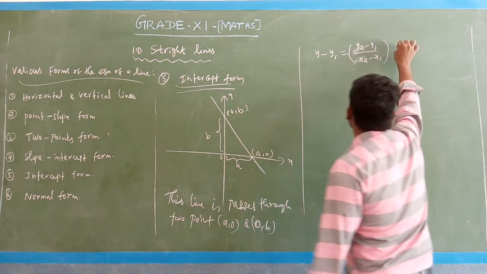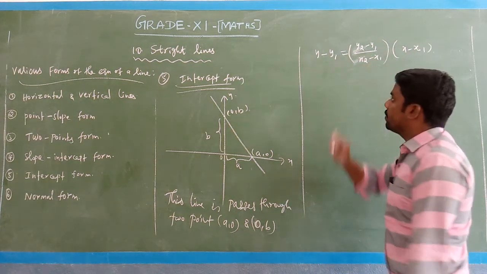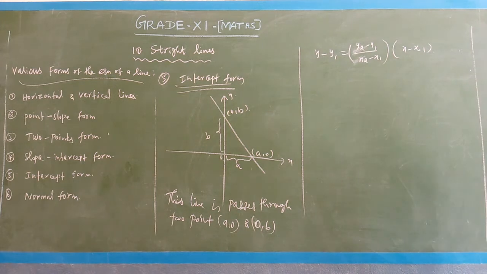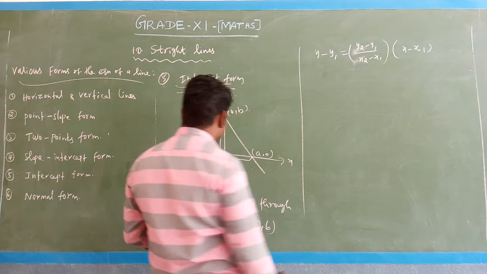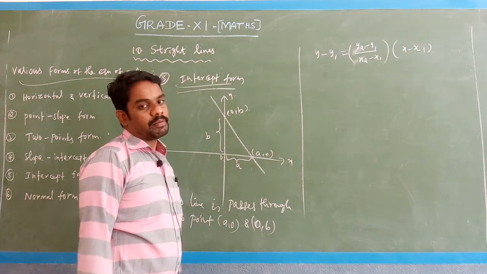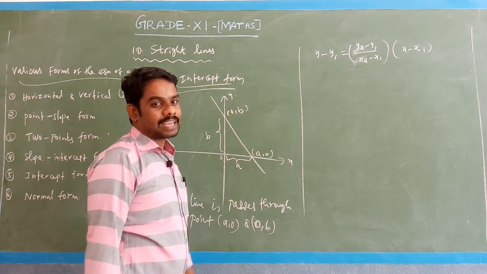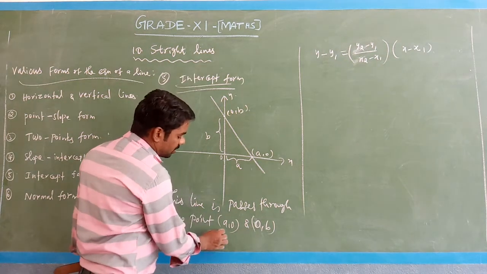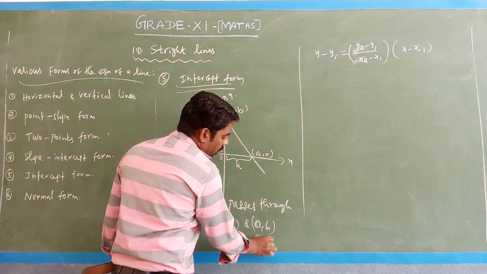This line passes through a comma 0 and 0 comma b. Here a comma 0 is x1 comma y1, and 0 comma b is x2 comma y2.